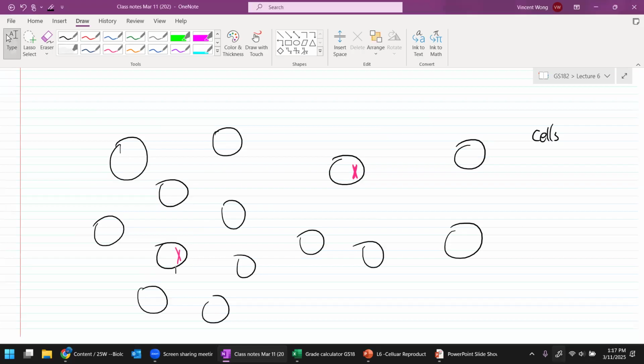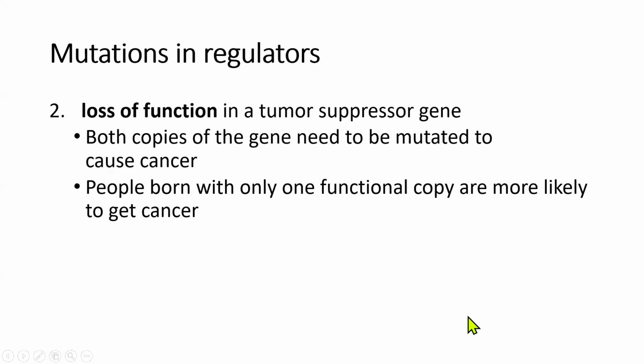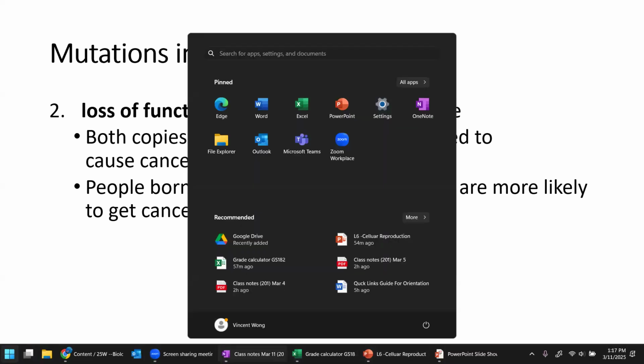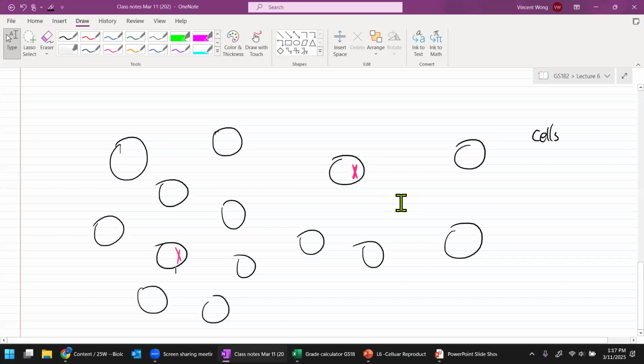Now, what does the note say? It says people born with only one functional copy are more likely to get cancer. Now, where do we get our DNA from? From our parents, right? So it's possible we inherit one mutated copy. Doesn't mean our parents necessarily have cancer, as we will learn later, but they might have a mutation that they're not aware of.